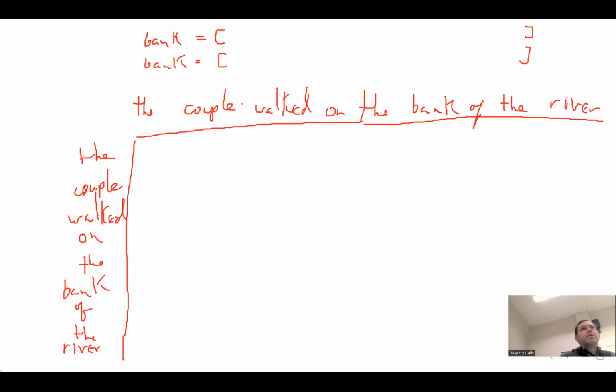Now you also got to think of how it trains, right? So it's seeing all the novels ever written, all the books ever written, all the newspaper articles ever written. So when it's seeing bank, is it a good assumption to say that it's seeing river a lot? No?